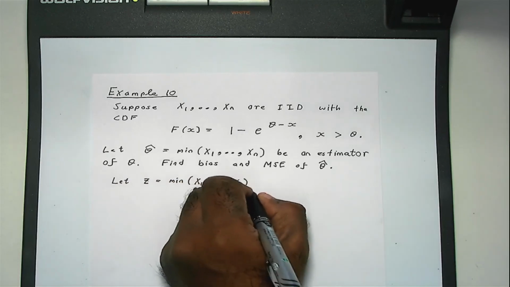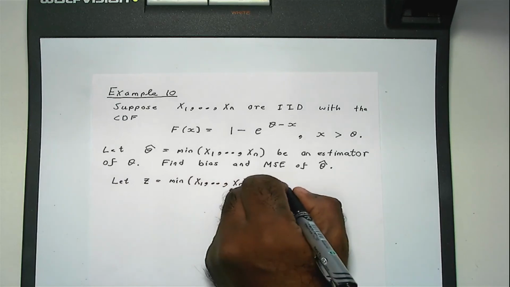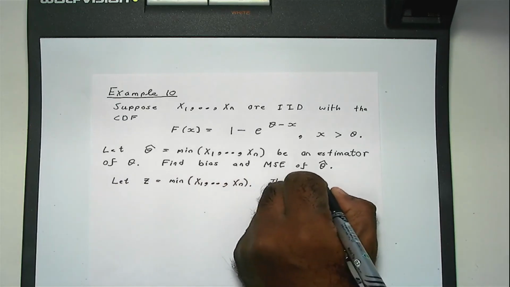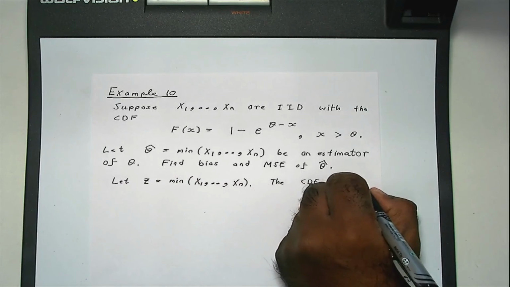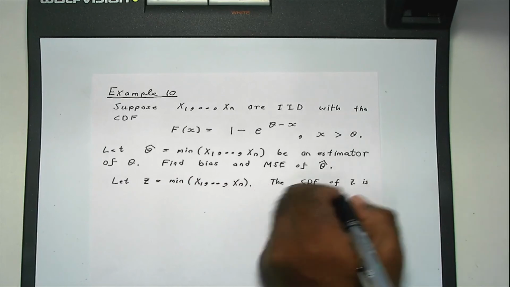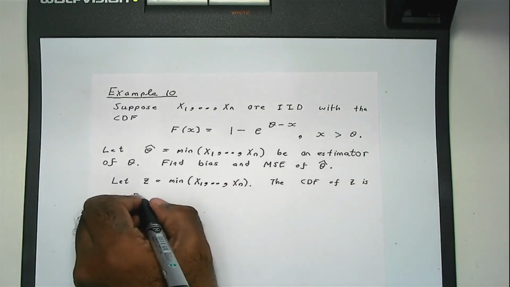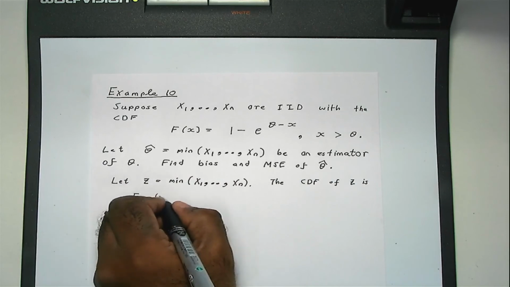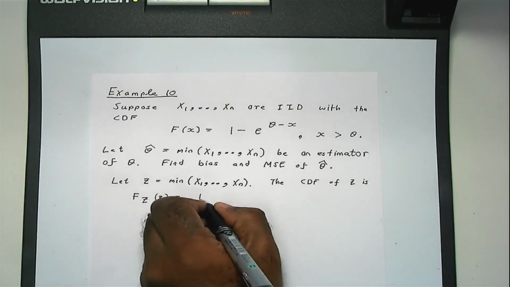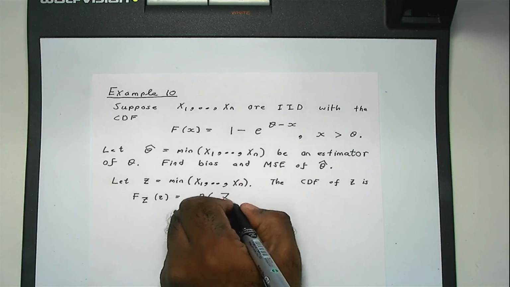Okay, then the CDF of Z, right, is as follows, which is the probability that capital Z is less than or equal to little z.